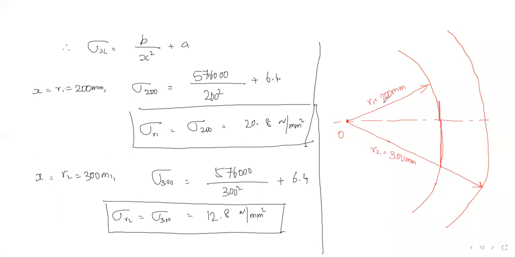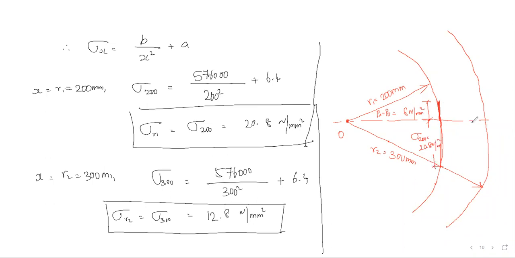Since we all know that, at inside Px is equal to P naught, that is equal to 8 Newton per mm square. And inner side we can have sigma 200 or sigma R1, which is nothing but 20.8 Newton per mm square.